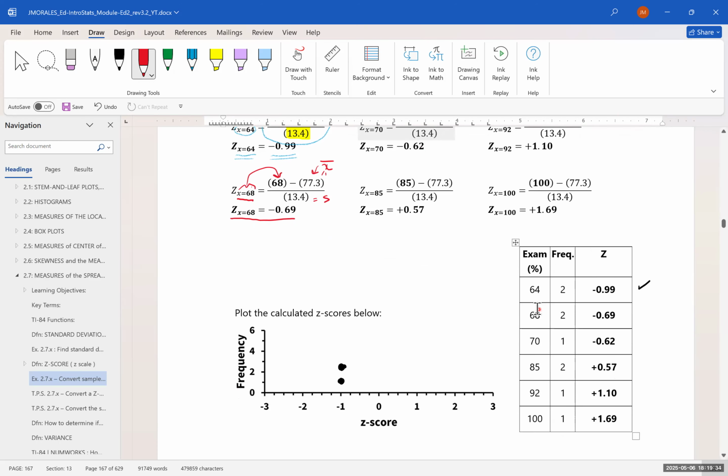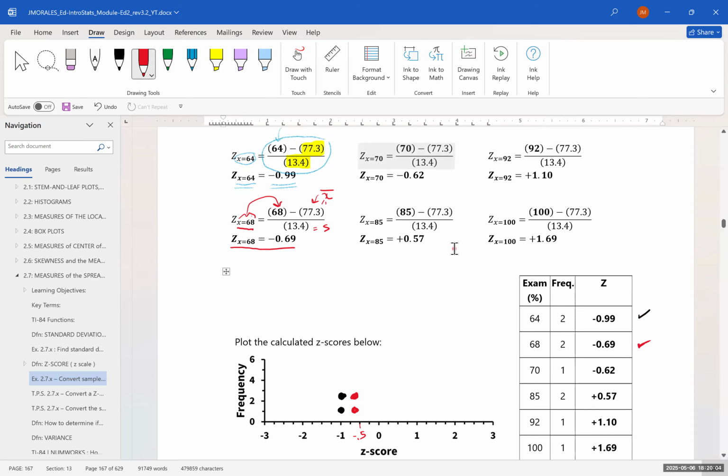So here, when we have 68%, that translates to negative 0.69. So this is approximately negative 0.5. This one is negative 0.75, so 69 would be somewhere right about here. Okay, we got two of those. Again, this is just a sketch, so it doesn't have to be perfect.